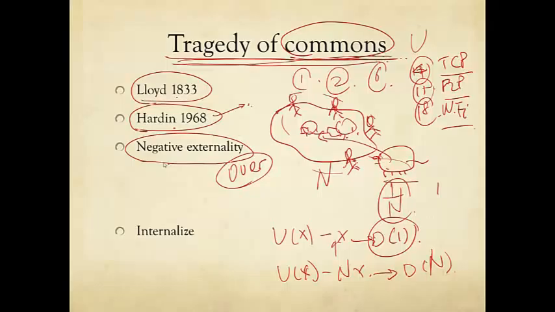Externality just means that your behavior and my behavior are coupled together in their impact. It's negative because you getting another cow is going to damage my prospect. And one way to internalize the externality, meaning to mitigate its negative effect, is through pricing.